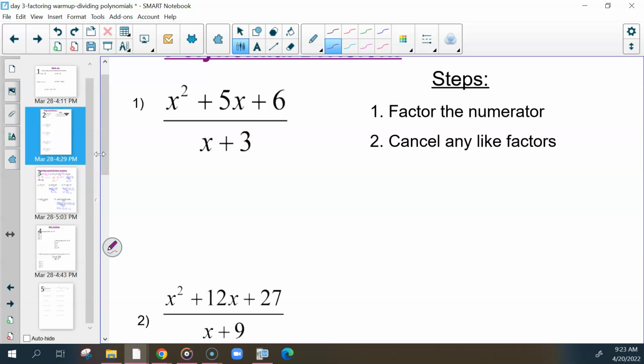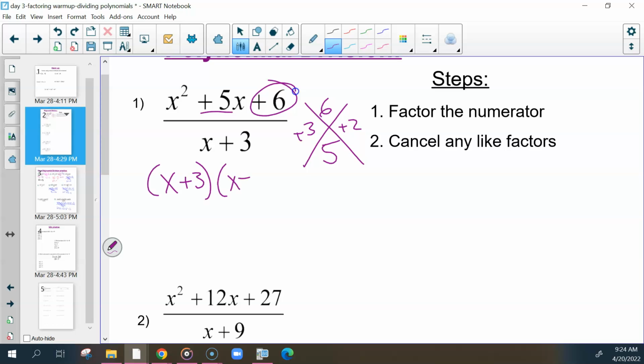So we're looking for two numbers that multiply to be 6 and add to be 5. What would those two numbers be? 3 and 2. Remember, if your a is 1, you can go straight into your factors. You have x plus 3 and x plus 2 all over your divisor x plus 3.